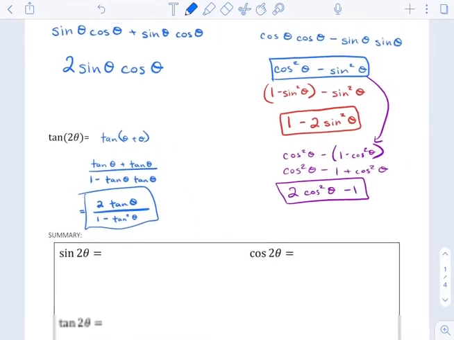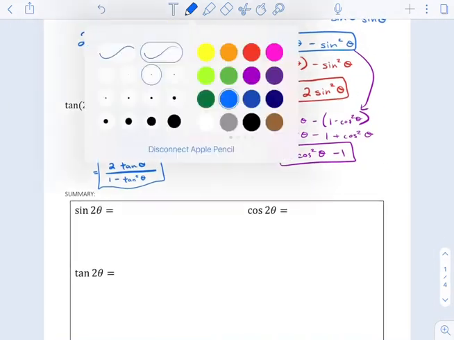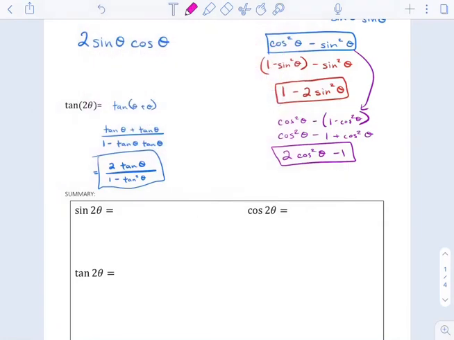What I'm going to do is consolidate this all together into one simple place down below, because we're going to be using those formulas. 2 sine theta cos theta, that was our double angle for sine. For our double angle for cos, we had multiple: cos squared theta minus sine squared theta, or 1 minus 2 sine squared theta, or 2 cos squared theta minus 1.